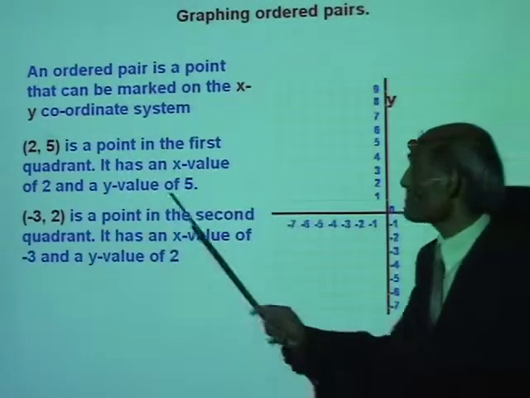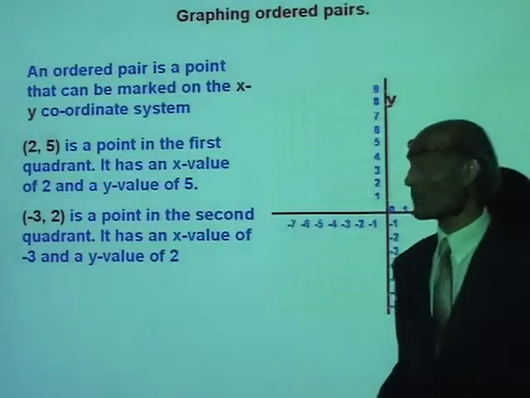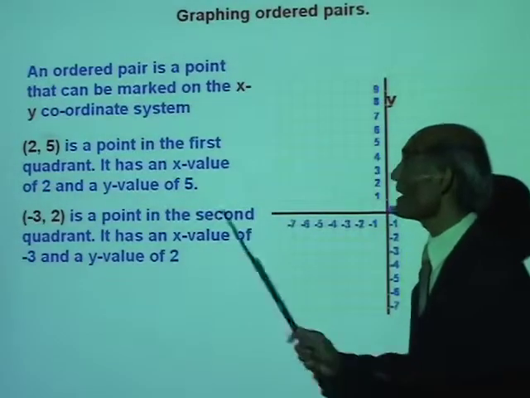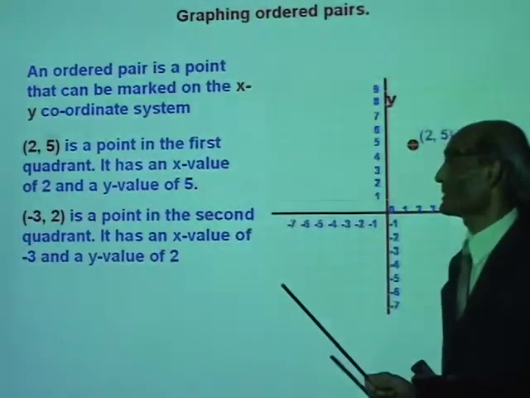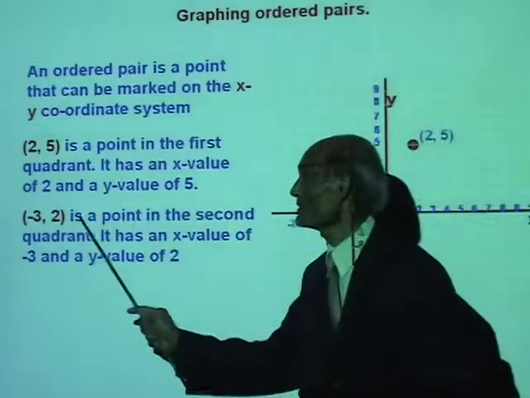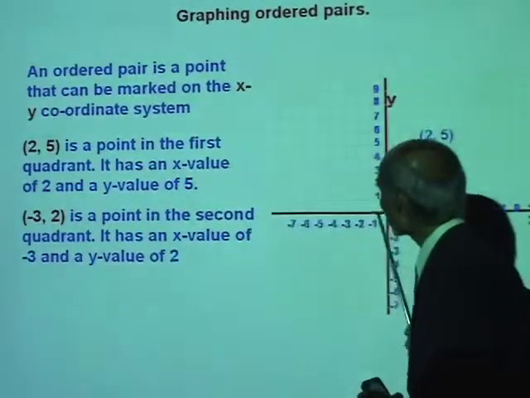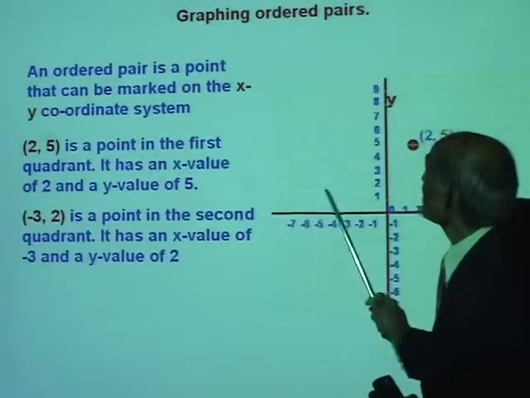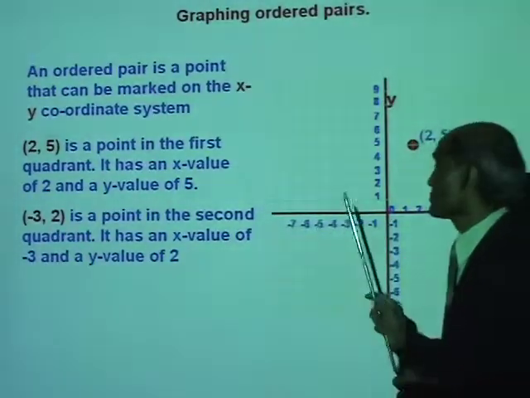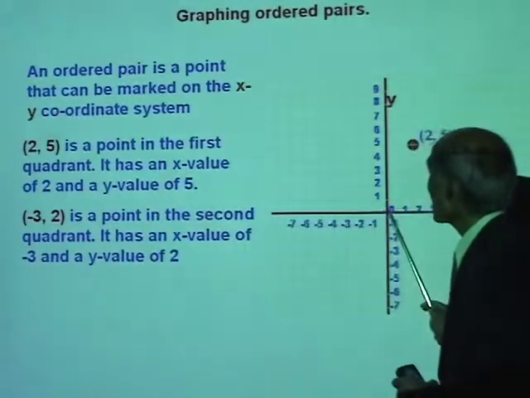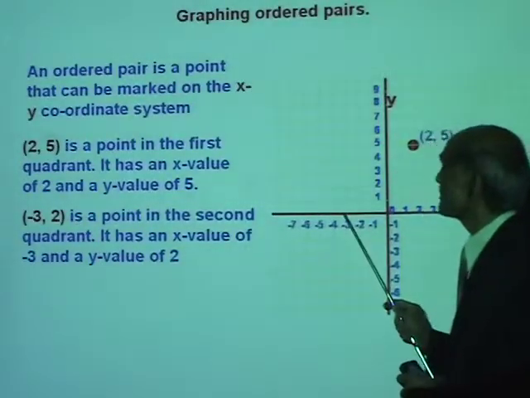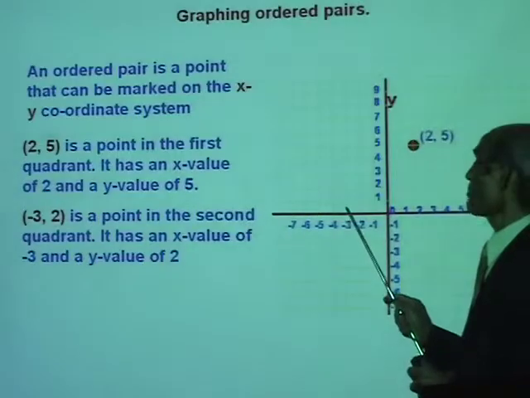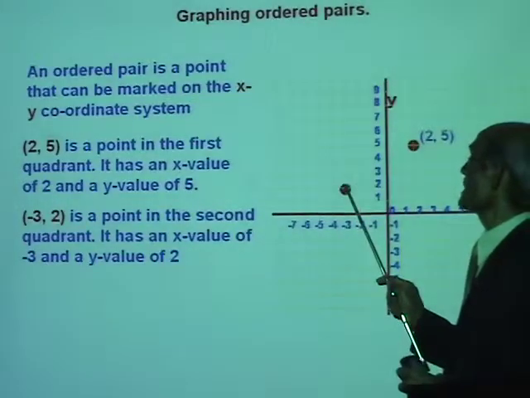You can do that. Let's mark this point, -3, 2. Where will you mark that one? What quadrant does it belong to? X is negative, Y is positive. It obviously belongs to the second quadrant. So X negative 3, go 3 places to the left. And Y is positive 2, go 2 places up.